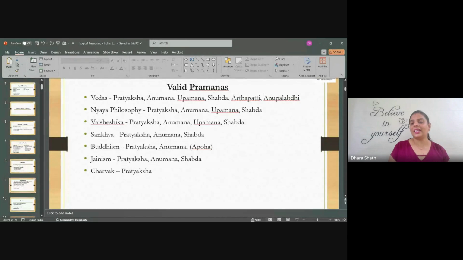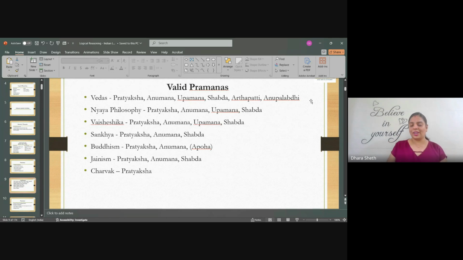It says that Arthapatti, guesswork, and Anupalabdhi, knowledge from absence of something, are not valid. Same for Vaisheshik. It also accepts these 4 and does not accept Arthapatti and Anupalabdhi.